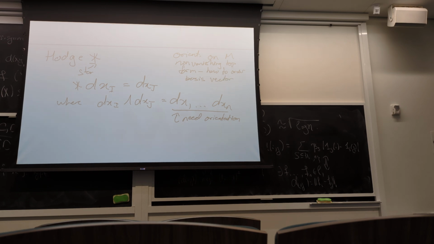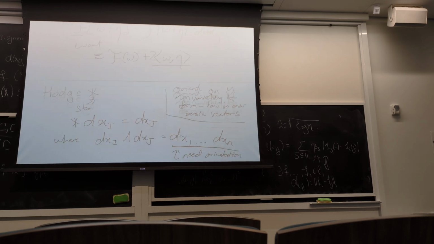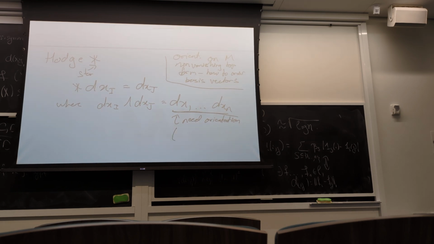So it tells you whether a basis is positively oriented or negatively oriented at every point, and the fact that it's non-vanishing on the entire manifold tells you that this choice is consistent along the entire manifold. And so in this case, when we say dx1 to dxn, this is really saying that we're taking this with respect to the orientation that we choose. So I guess here, e1 through en has to be an oriented orthonormal basis. Does that make sense?